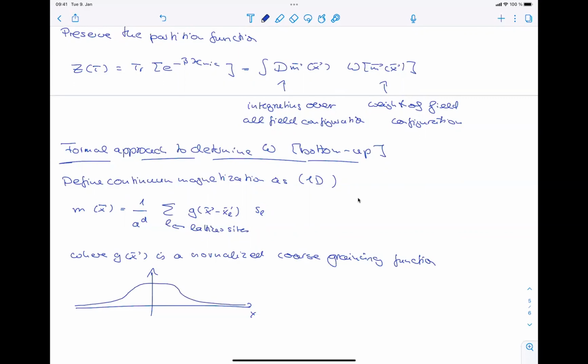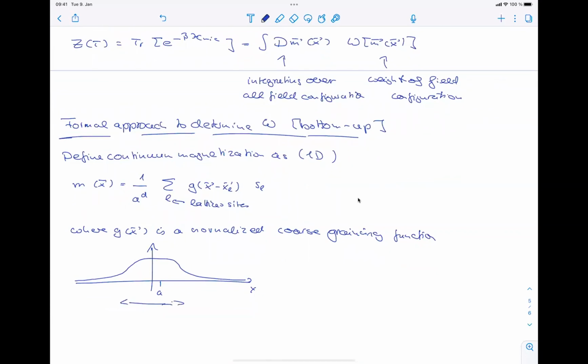I have a kernel which I'm moving over my lattice and I'm integrating all that. What is important is that the lattice spacing a is much smaller than the extent of my kernel that I'm moving over my lattice to find a magnetization field.